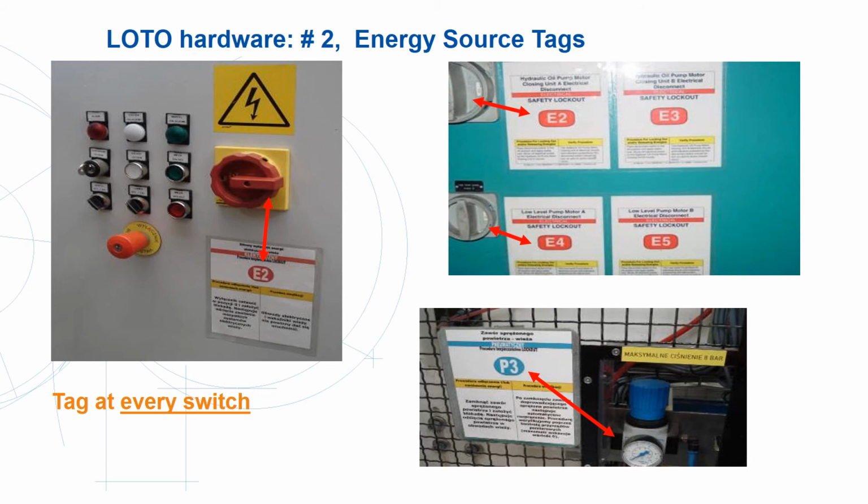Energy source tags. These are located at every energy source tag switch, which could include electrical, pneumatic, water, steam, gravity. There are many energy source tags on our pieces of equipment. Please identify yourself with the energy source tags on your equipment.